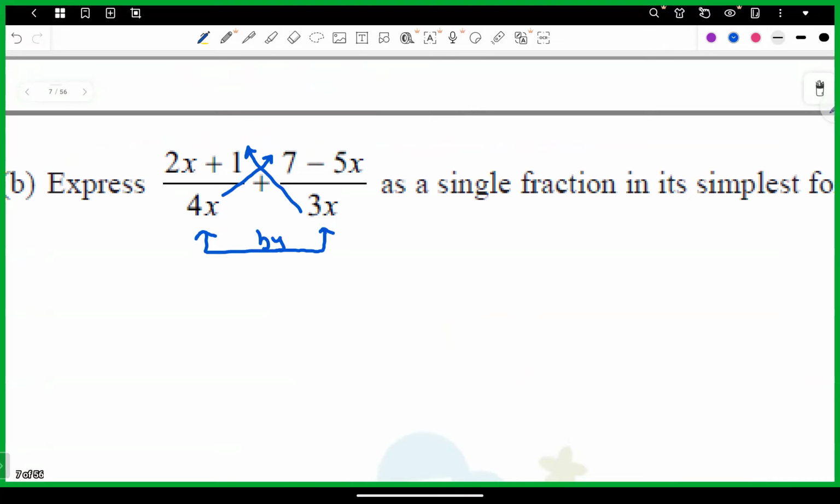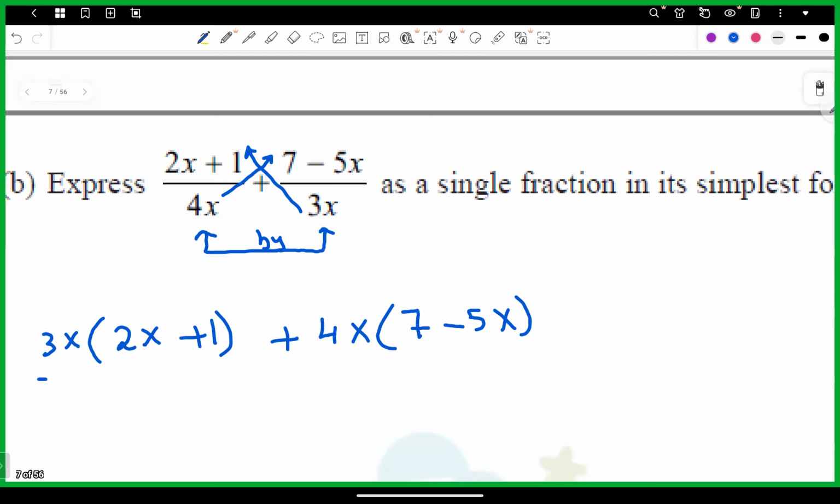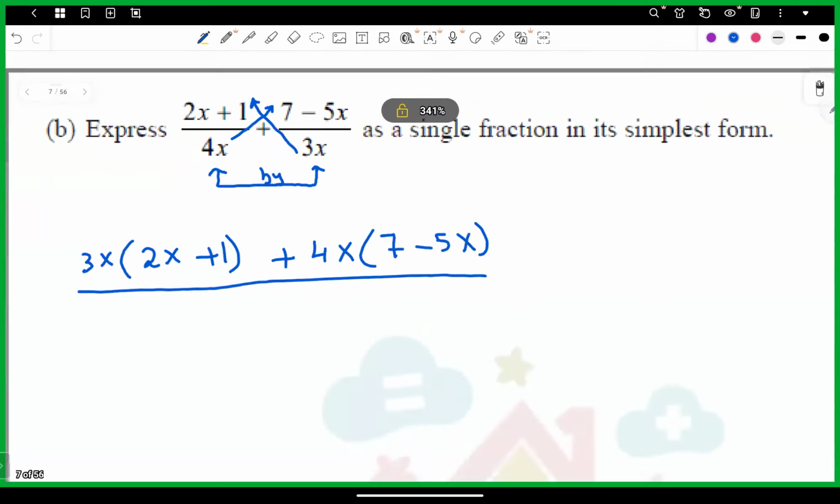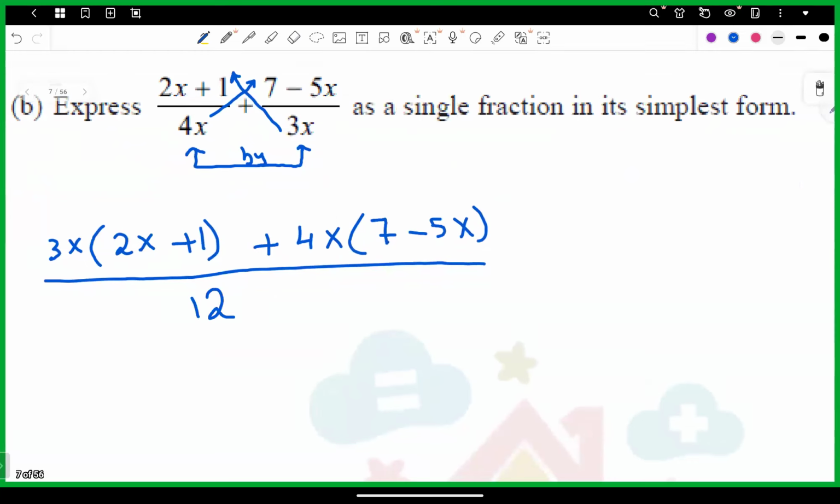So I have to make it like this: 3x multiplied by 2x plus 1 like this, and then plus 4x multiplied by 7 minus 5x, over 4 by 3, which is 12x squared.